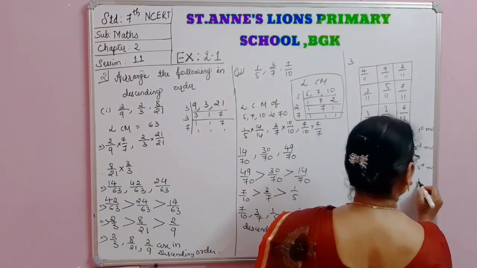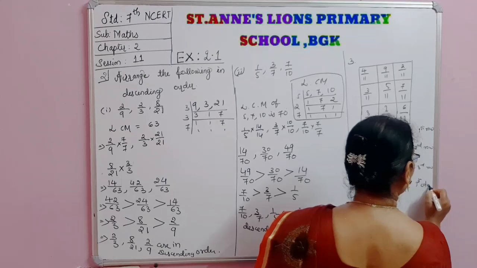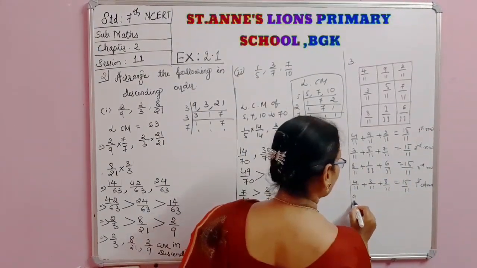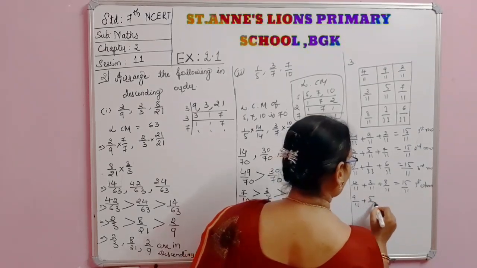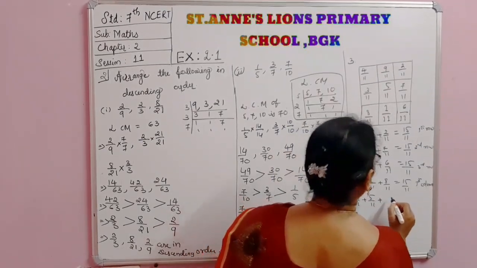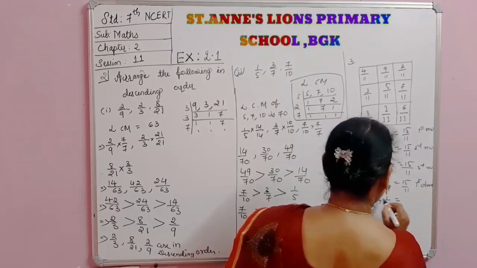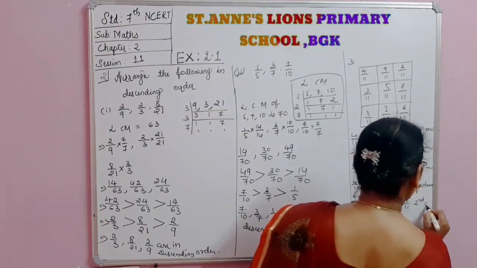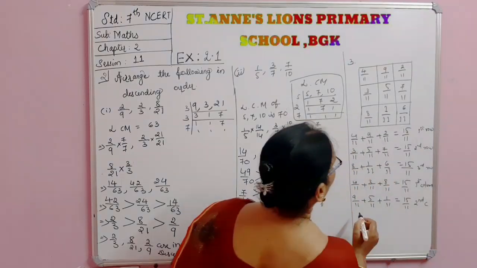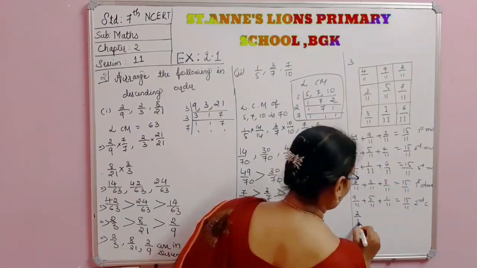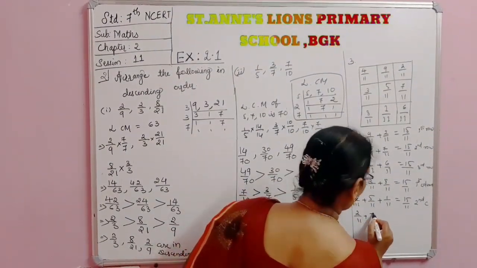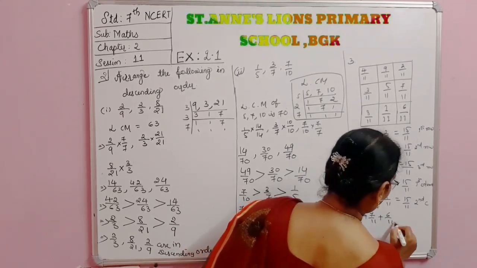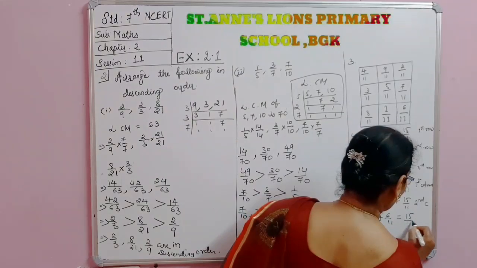This is first column. Then 9 by 11 plus 5 by 11 plus 1 by 11. This also 15 by 11. This is second column. Then 2 by 11 plus 7 by 11 plus 6 by 11. This also 15 by 11.